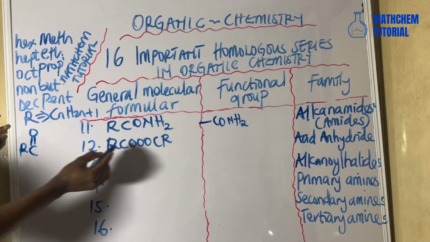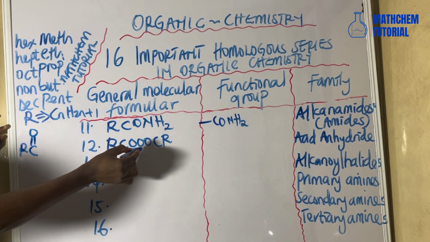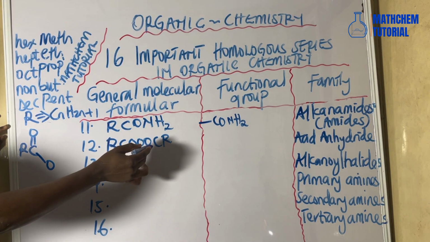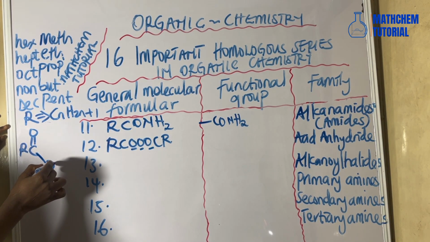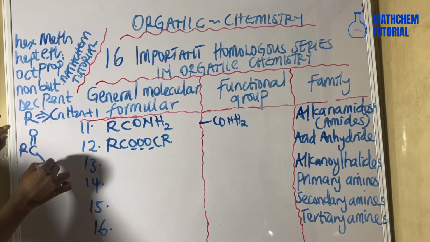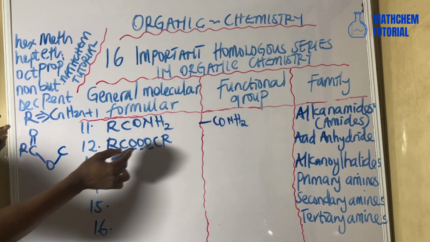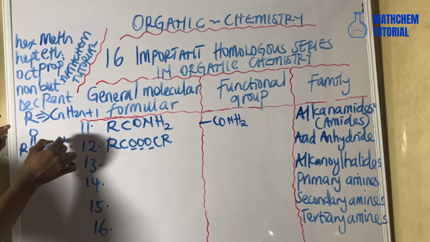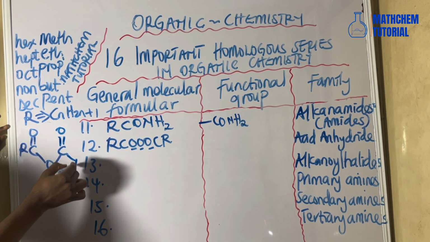So the structure of this acid anhydride is going to look like this: RC, then the double bond O for this particular O here. So this oxygen here is going to come like this, O here. This oxygen here is going to attach to this carbon here. So this C here is this. Then this O here is going to be here like this. Then we have our R here.